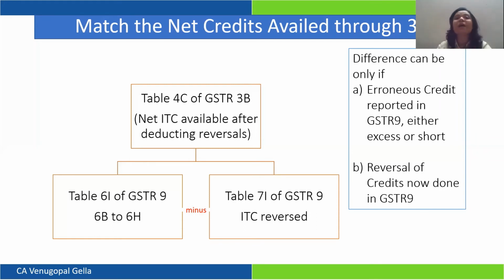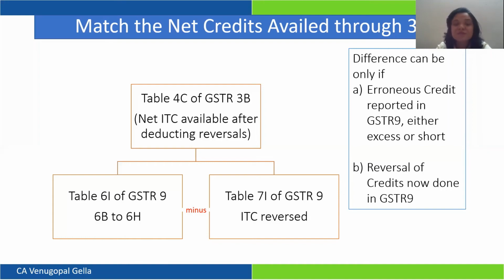However, if I go ahead and still correct it, there could be certain corrections that I do. That is, I reverse certain credits in table 7 while filing GSTR-9. If I'm doing that, then I need to make sure that it is paid using DRC-03. Then that difference could be justified.